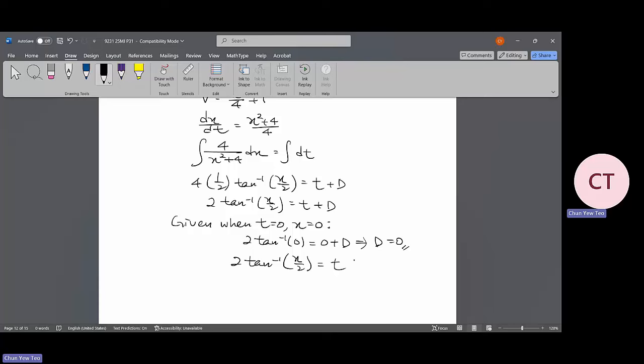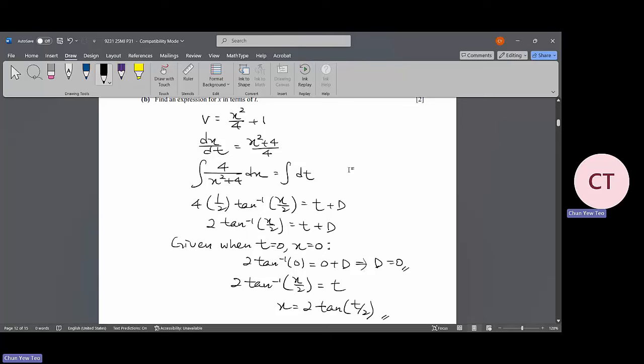But we are looking for x in terms of t, so x is equal to 2 tangent of t over 2. Okay, done. This is the answer for 1b.